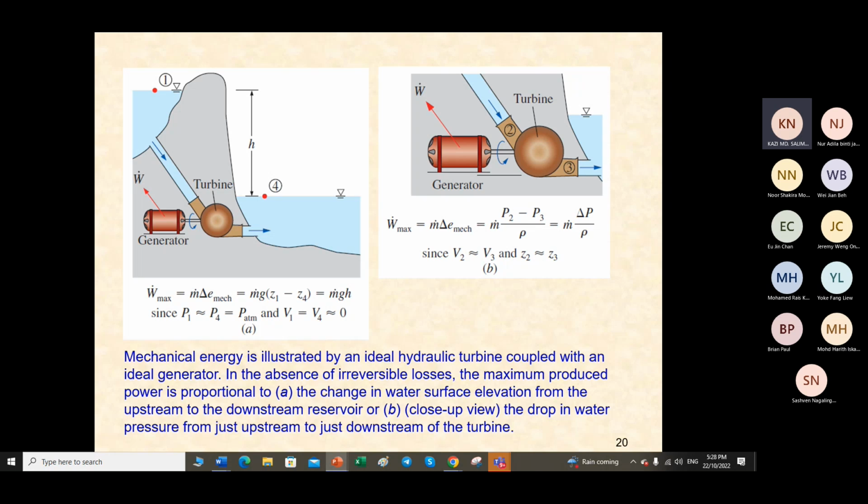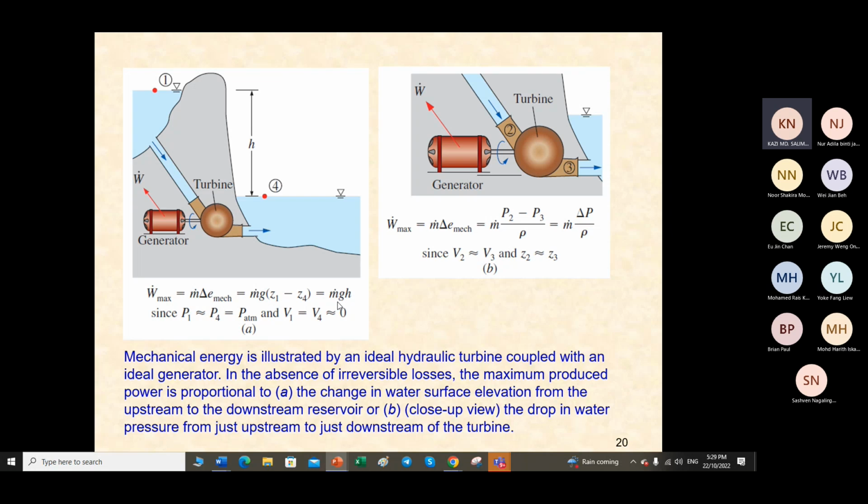Similarly here, we can find W max is equal to M into delta E mechanical, which is equal to M g into Z1 minus Z2, which is equal to h rho g. That means h into rho into g, and that is the pressure energy per unit.